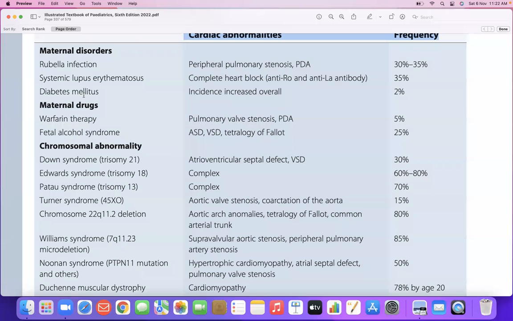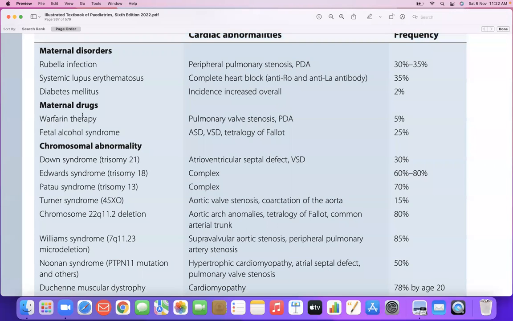If a mother tells you in the prenatal history that she had diabetes during gestation, you will think they may have congenital heart disease, so you will examine the CVS and also consider echo if needed. So incidence is increased overall.